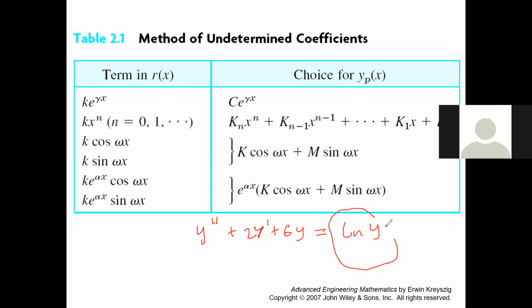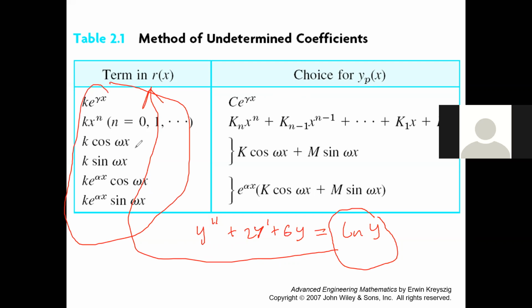Exactly. So the limitation of this method is that your function must be one of those listed on this table, or a combination of them. So you can still have solutions if Rx is equal to 2e to the power of 5x plus sine omega x, for example.